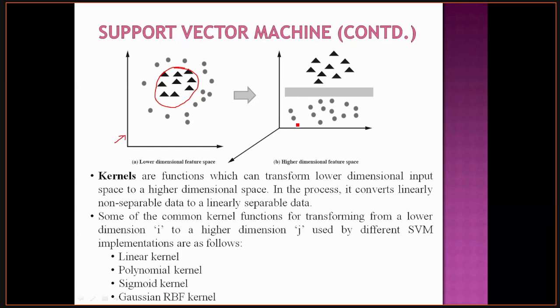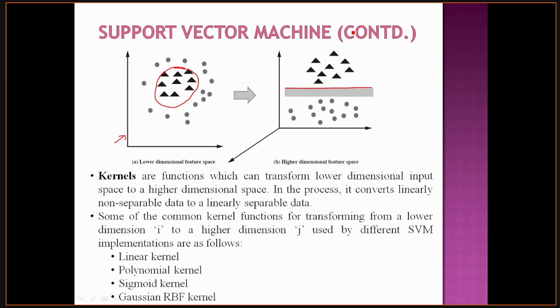But if you abstract it to a higher dimensional feature space like this, when you look from the top, it might look like non-linearly separable data. But when you see from the side, it might so happen that one cluster of instances belonging to one particular class lies at one side, and the other ones lie at another side, and you can have a hyperplane in the middle to separate them out.